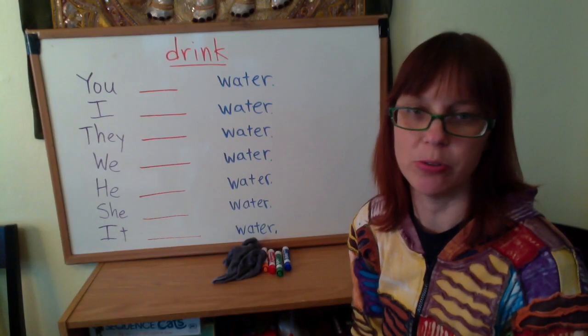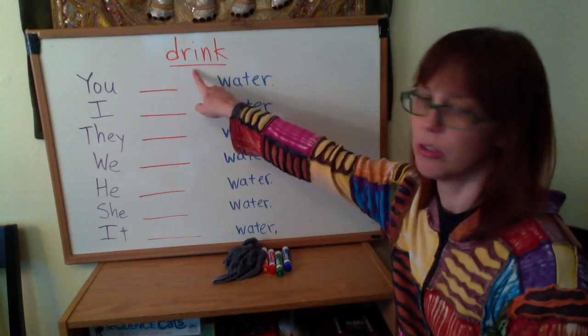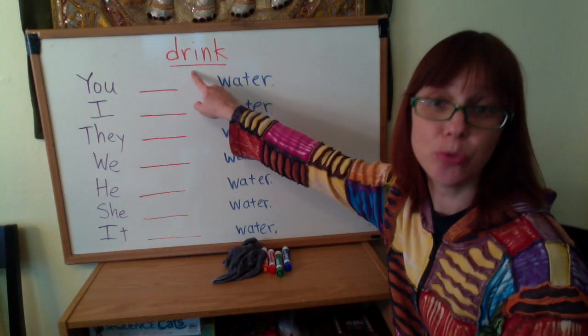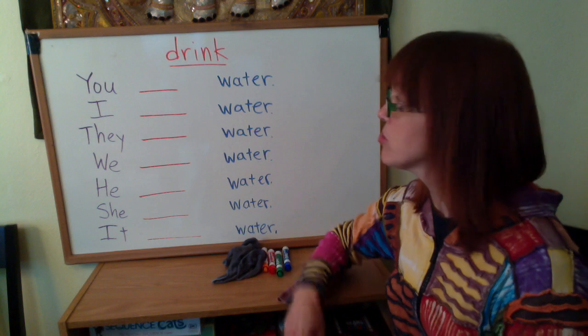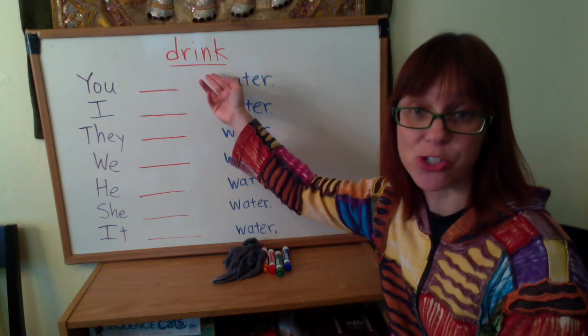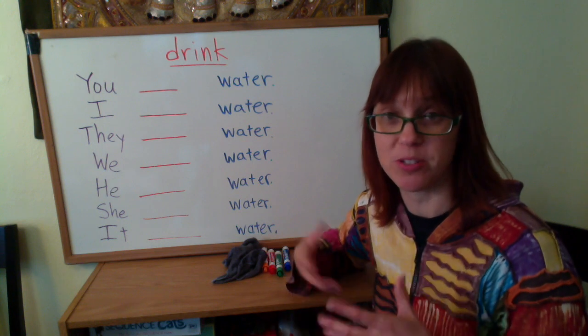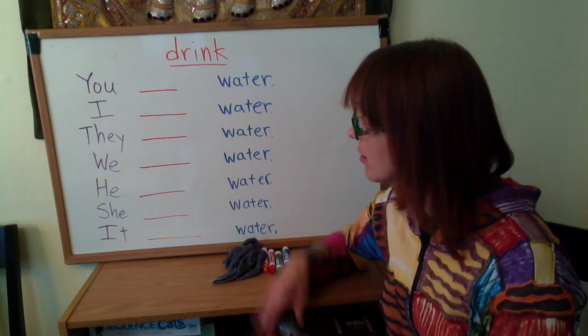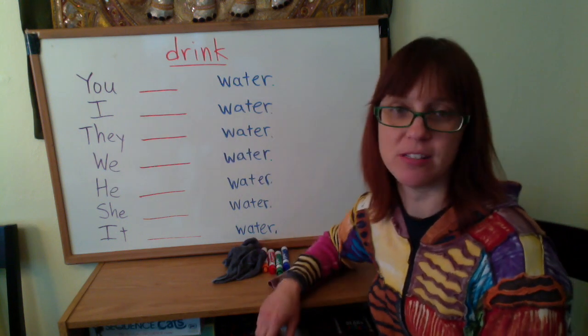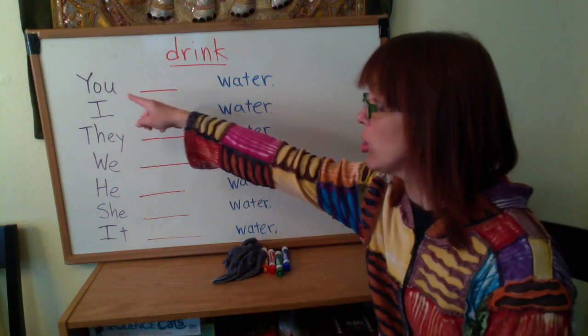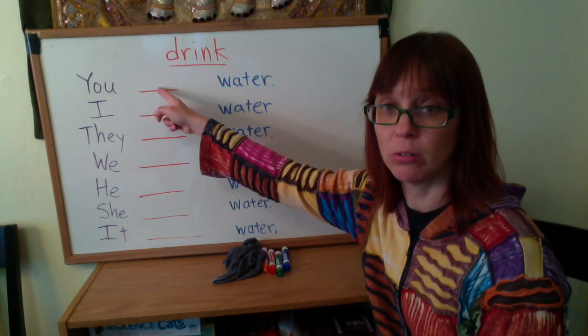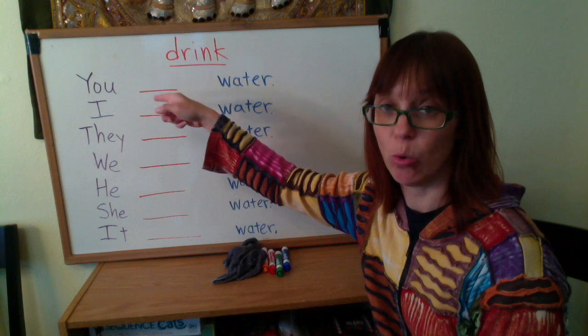First, let's review. What does this say? Drink. So this is a verb. This is an action, drink. And when I speak in present tense, simple present tense, I make a simple sentence like this. For example, you drink water.